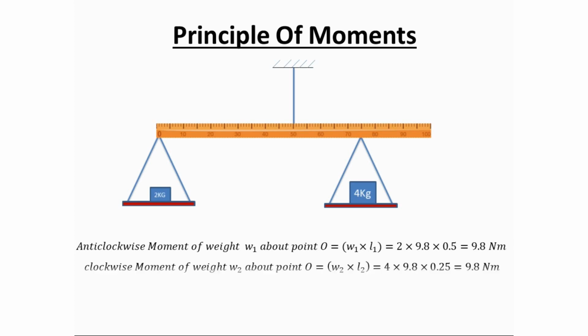Now the clockwise moment of weight W2 about point O is equal to W2 into L2, which is equal to 4 into 9.8 Newton into, now the distance is from 50 to 75 centimeter, which is equal to 25 centimeter. Converting it into meter, it will be 0.25 meter. So the moment of weight W2 about point O is equal to 4 into 9.8 into 0.25, which is equal to 9.8 Newton meter.